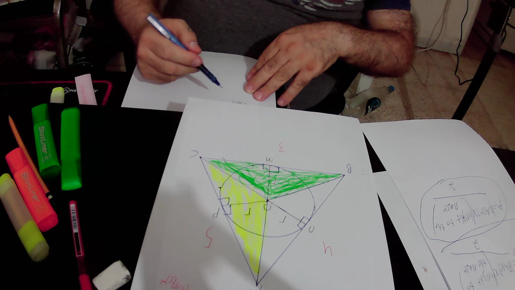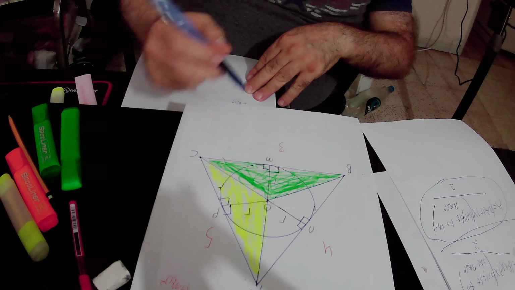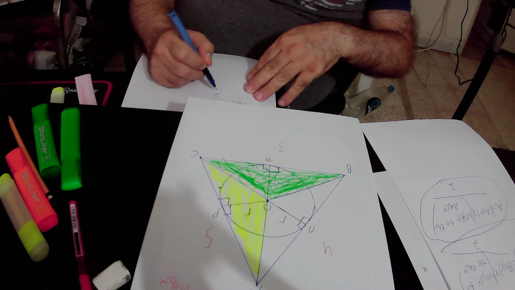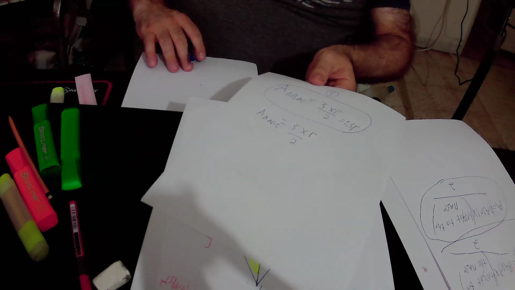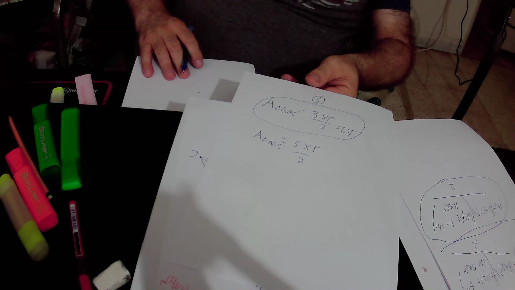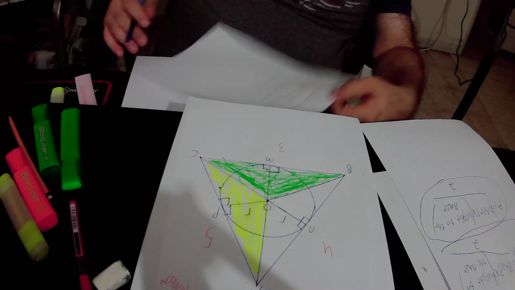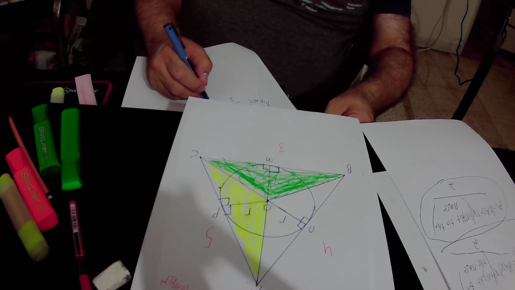So it is 5 times the radius, the height, divided by 2. So the area of the yellow triangle equals 5 times the radius divided by 2. 5 over 2 equals 2.5, so in total the area of the yellow triangle equals 2.5 units.